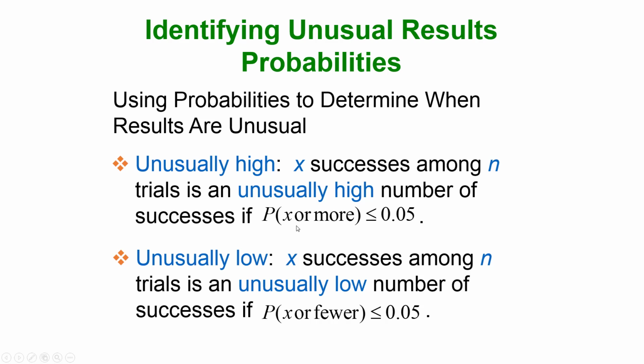Just jot this down, and I'll explain it in the context of an example better. Unusually low means the probability of having X or fewer is less than or equal to 0.05.